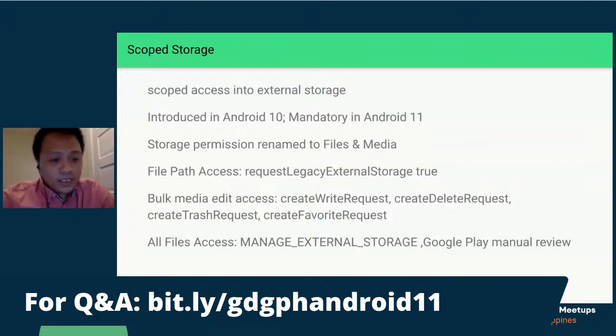This trash is a new thing: for example, if you want to dispose of a file, there's going to be a special folder where all those files will be, and they're going to be removed after 30 days. So it's more like a recycle bin. For example, if you have cache files, you can put them there and they will be removed.